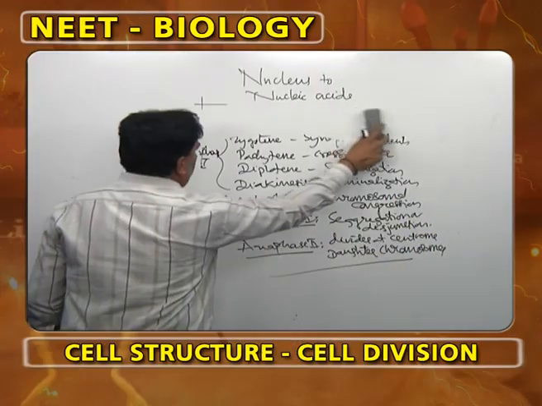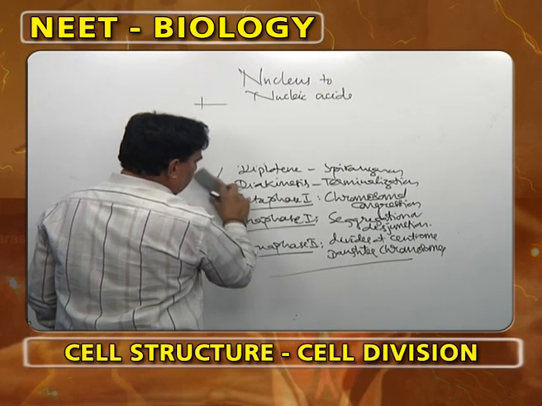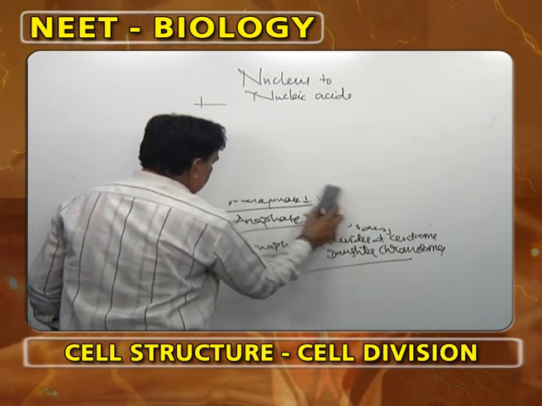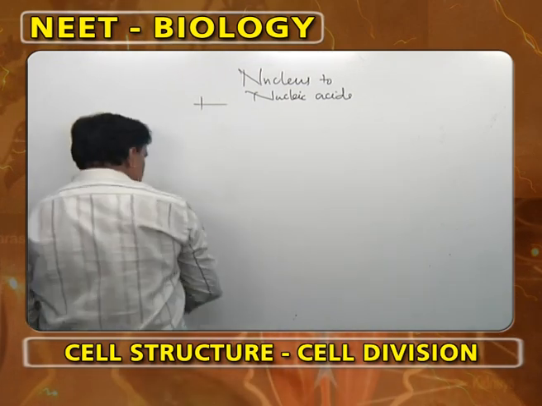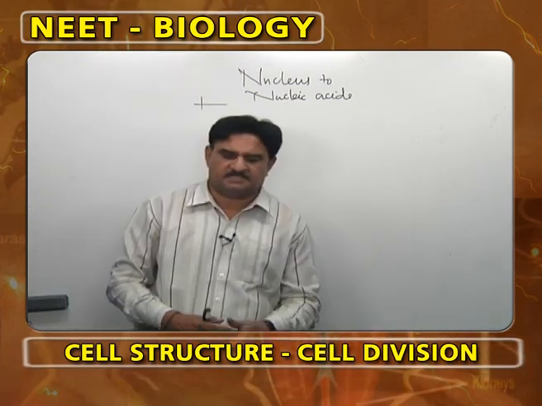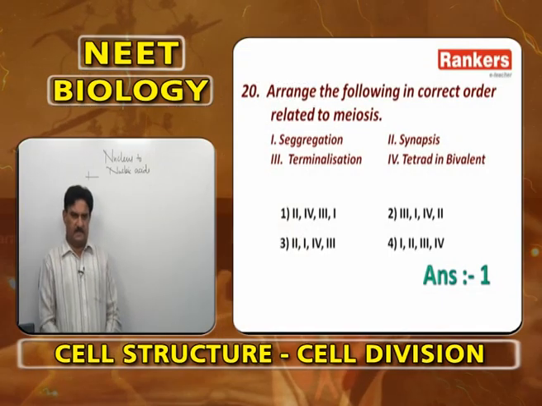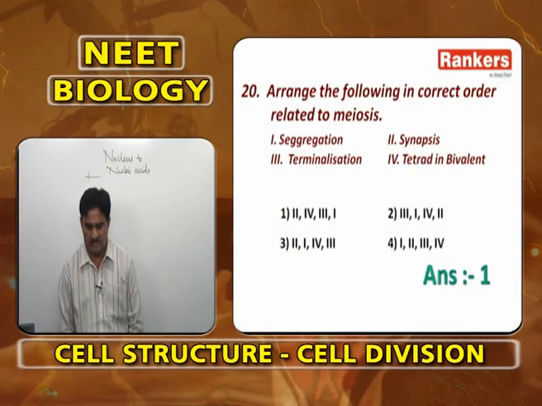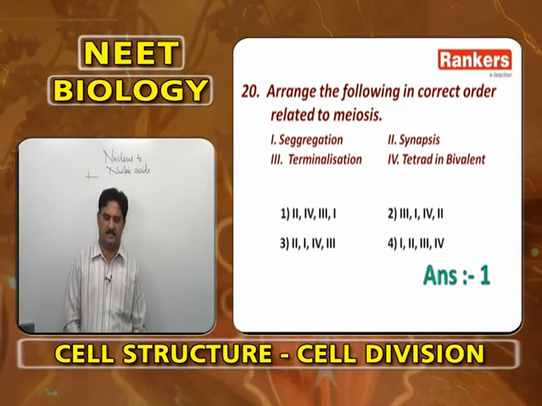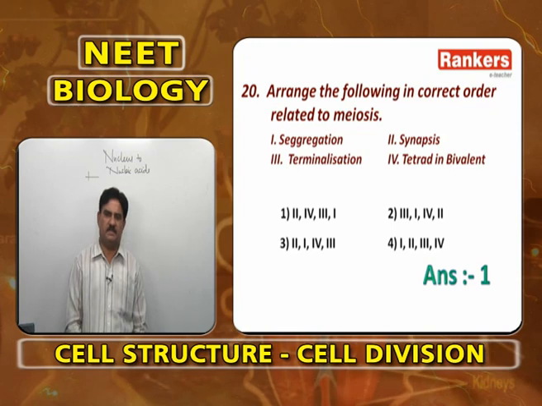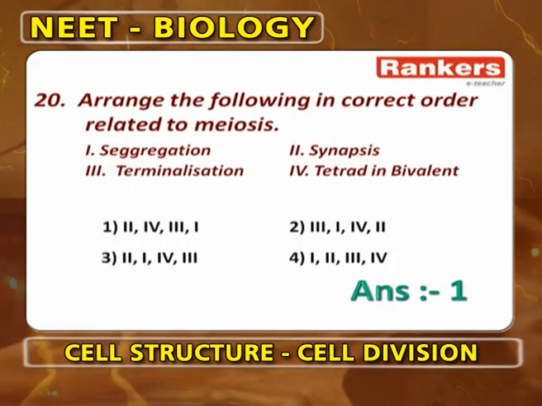Metaphase 1 is chromosomal congregation. Anaphase 1 is segregation or disjunction. And anaphase 2, the chromosome divides at the centromere. So for this the answer is first synapsis zygotene, tetrad bivalent pachytene, terminalization diakinesis, segregation anaphase 1. First option.